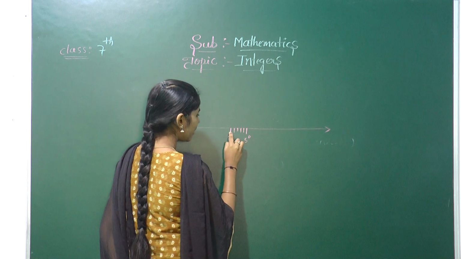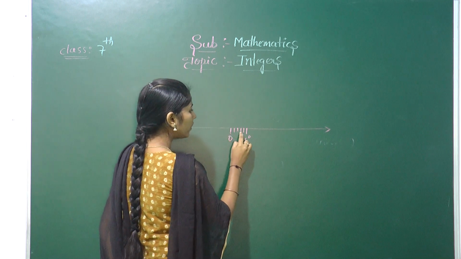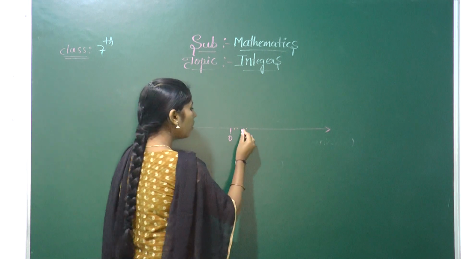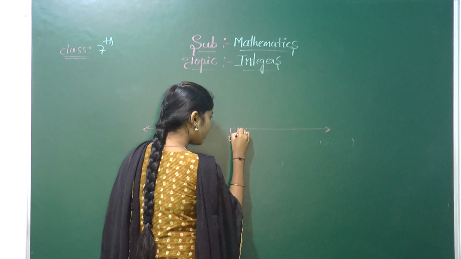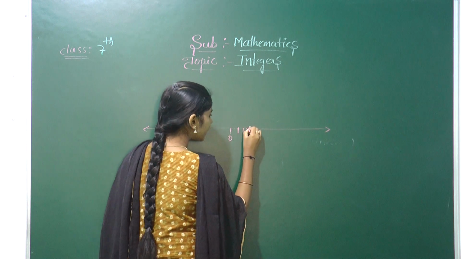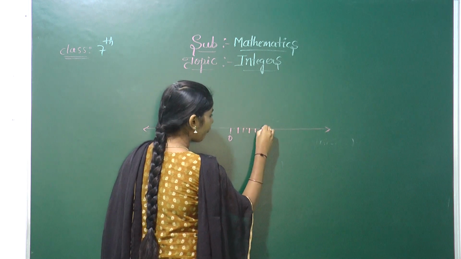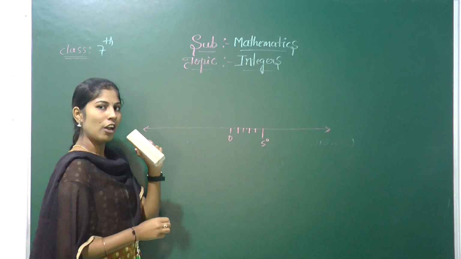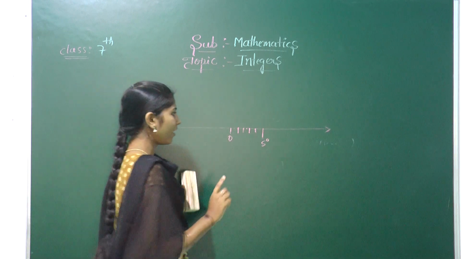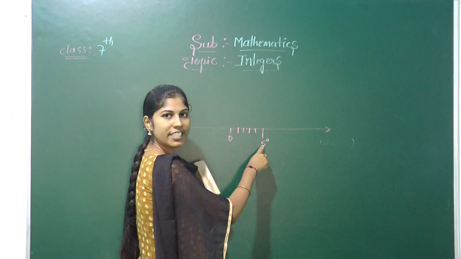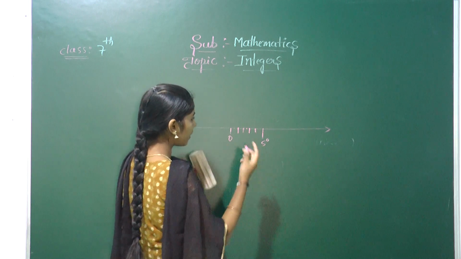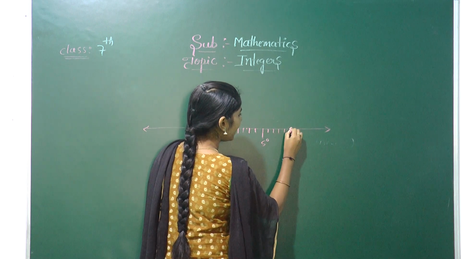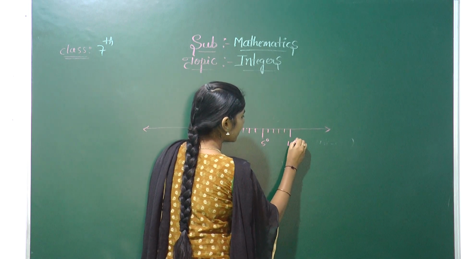Here 0, 1, 2, 3. See, this is 0, here 1 degree Celsius, 2, 3, 4, 5. So 1 unit of distance I have taken as 5 degree Celsius. Next 6, 7, 8, 9, 10, here 10 degree Celsius.